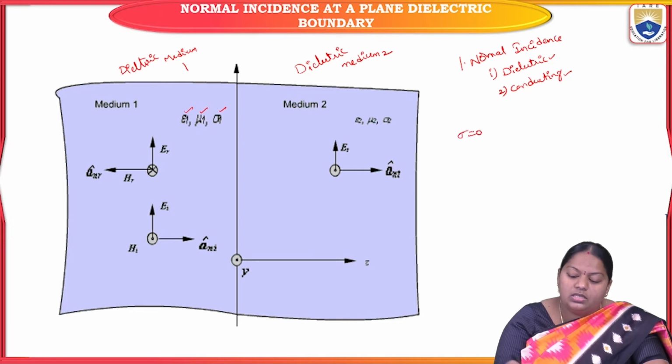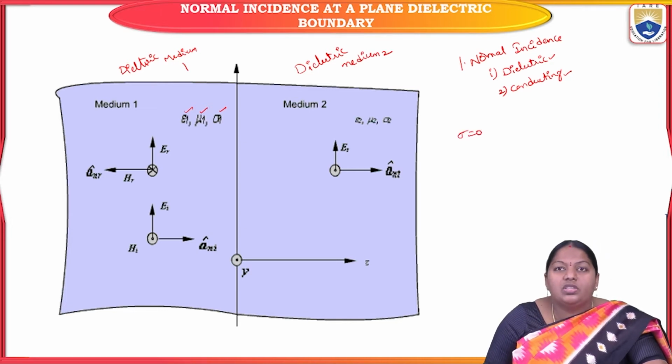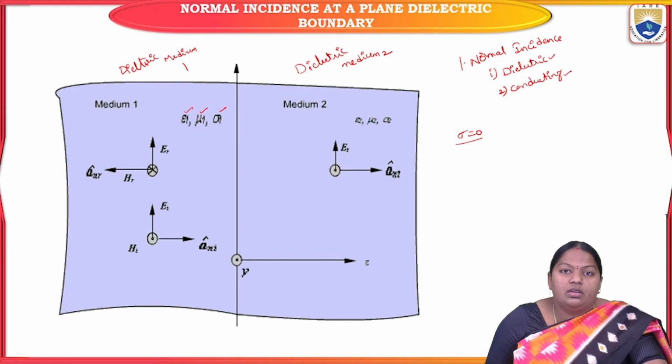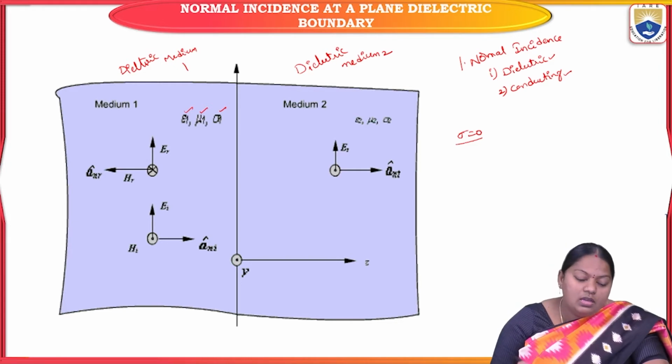As we have already learnt from the propagation characteristics, for a dielectric medium sigma is equal to 0. The ideal conductivity of a dielectric medium is assumed to be 0, hence both media are represented with sigma equal to 0, right?